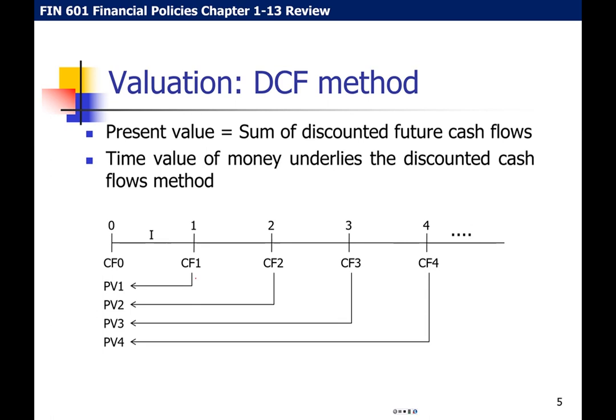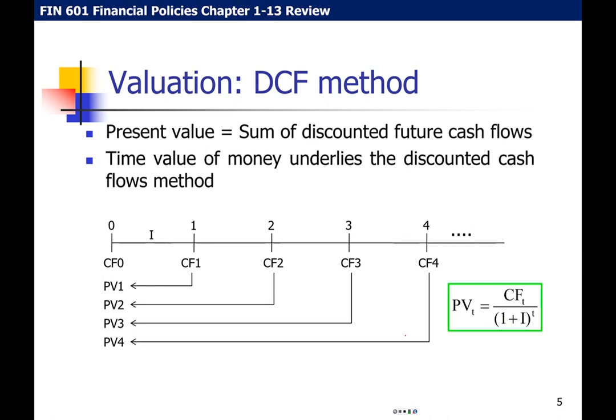Okay, let's discount each of the cash flows to present using this formula on the right. Present value of a time t cash flow is equal to the time t cash flow divided by 1 plus the interest rate, which serves as the discount rate here, raised to the number of periods between today and the time of the cash flow.